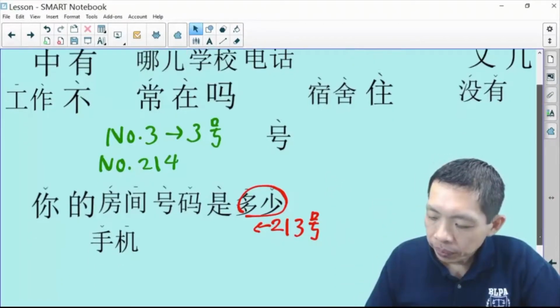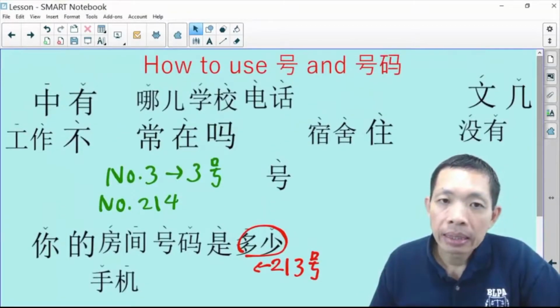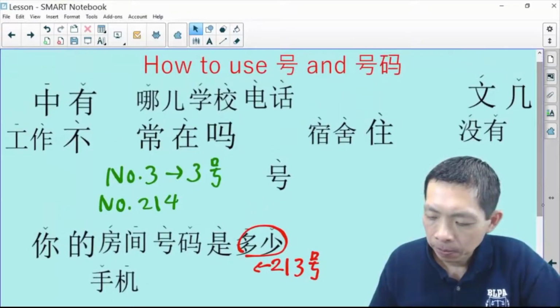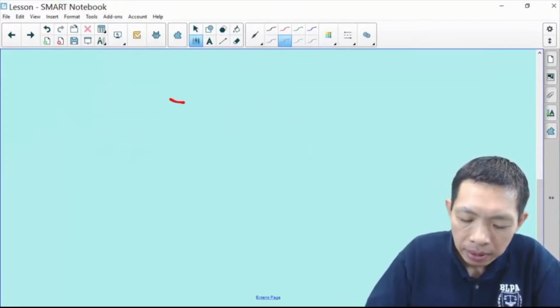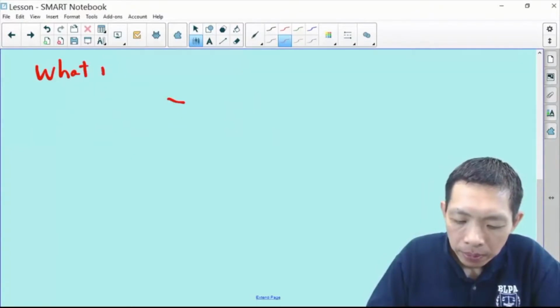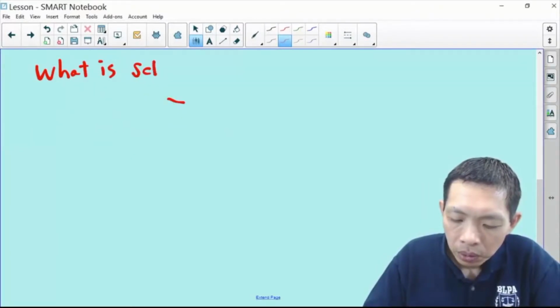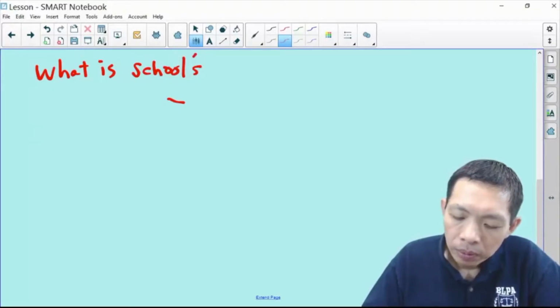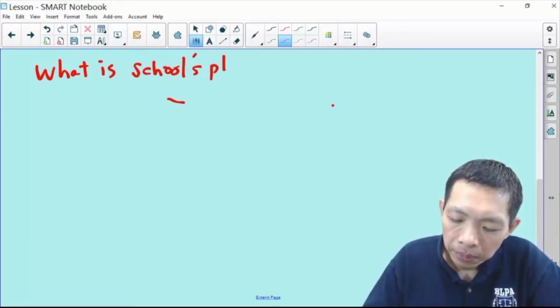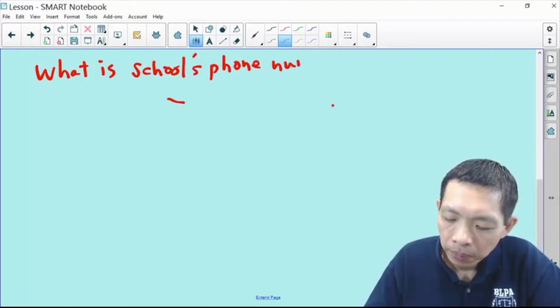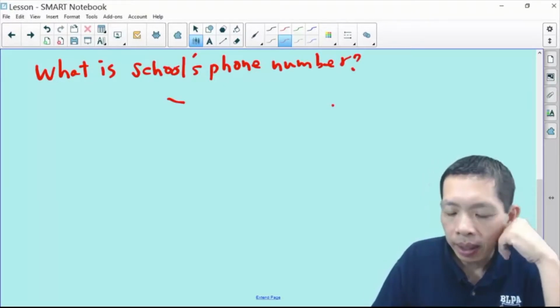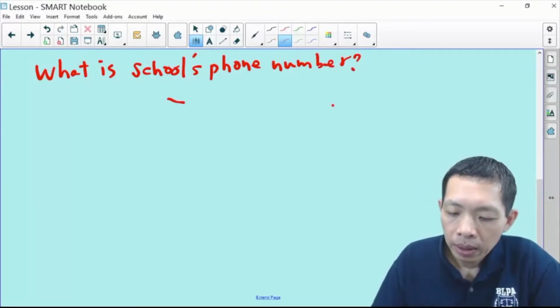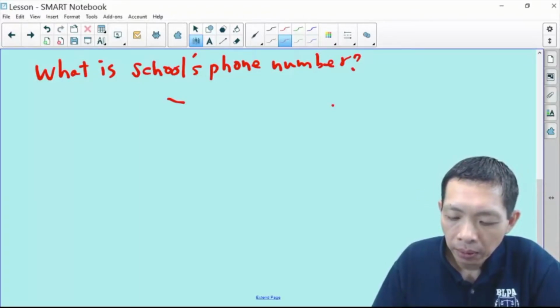So if you want to say, what is your school's phone number? Let's say the sentence. What is school's phone number? In this case, you will say school 学校, right? So 学校 is school.